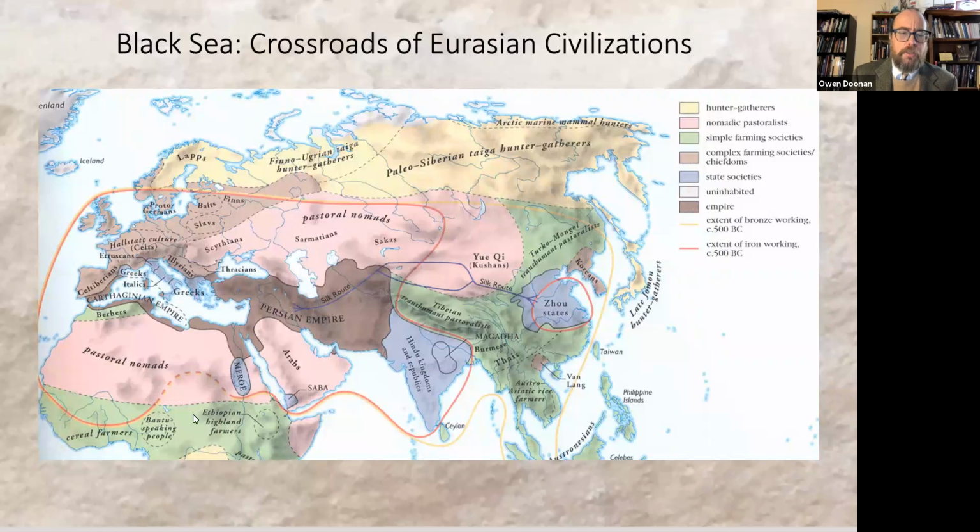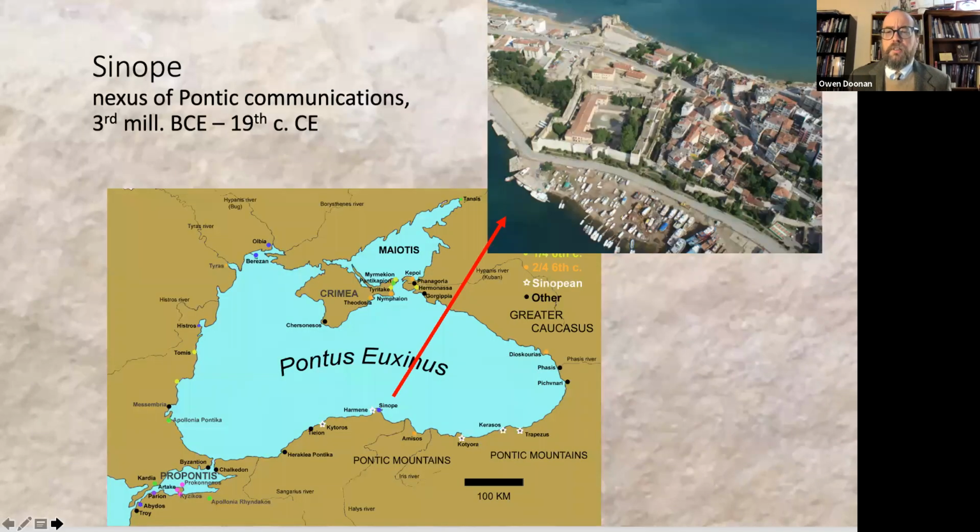And it is the arena where these three great Eurasian culture zones interacted, not just in any particular period, but habitually over at least a period of 4,000 years or so.